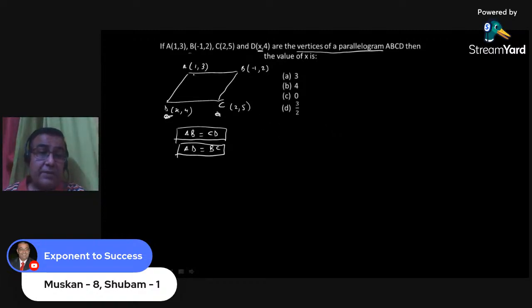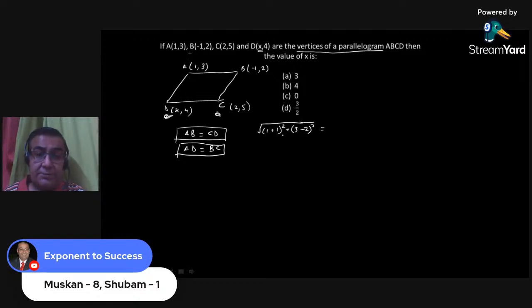Okay, AB. So we have to take the square root of, x1 is 1, x2 is minus 1, and 1 minus minus 1 will become 1 plus 1. So the square of that plus 3 minus 2 whole square.